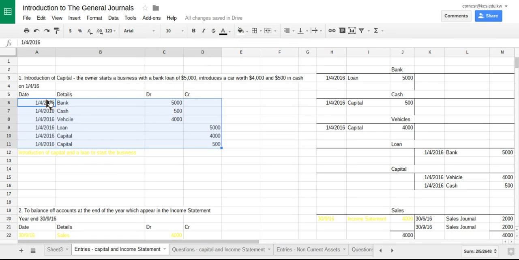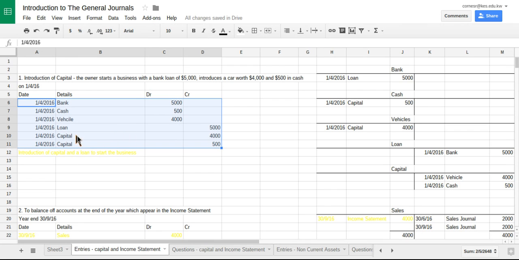Okay, so the way that the journal works, it tells somebody else how they are going to post things in the ledger accounts. So here what we can see is that on the 1st of April, which is when the business starts, there's $5,000 going to go into the bank, $500 into cash, $4,000 in the vehicles account, and on the credit side, somebody needs to go and make a $5,000 posting on the credit side of a loan account.